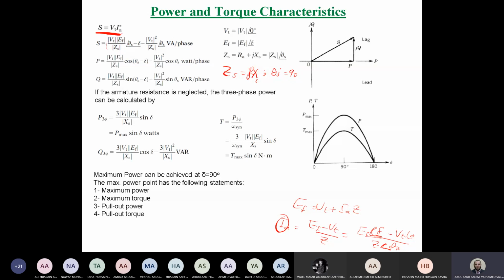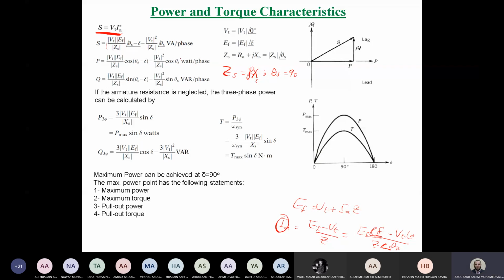So we can now replace the absolute value of Z by XS, and we can replace the value of theta S by 90. If you apply this in the active power equation, you will find that ZS will be XS, so it will be V terminal EF over XS multiplied by cosine 90 minus delta, which is nothing but sine delta.